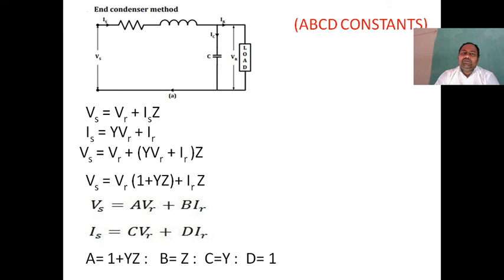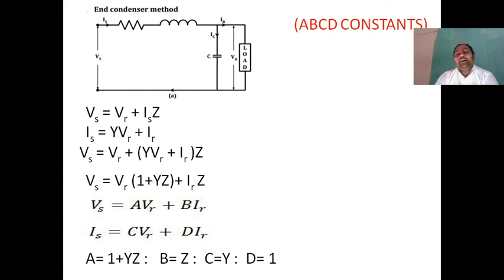The total impedance is split into two parts. In nominal T method, the ABCD constants are: A equal to D equal to 1 plus YZ by 2, C is equal to Y, B is equal to Z of 1 plus YZ by 4.